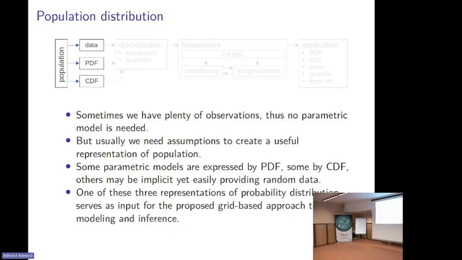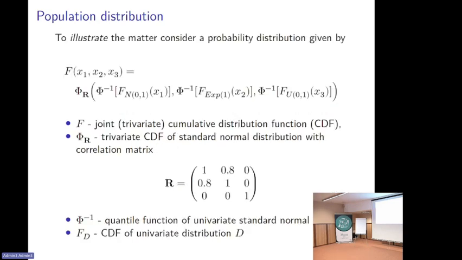divided into 3 stages. So the first one will be discretization, but first, in the examples I will use a simple trivariate distribution composed by a normal copula and 3 marginals: normal, exponential, and uniform distribution. You see that only the first 2 variables are correlated, to make it simple.